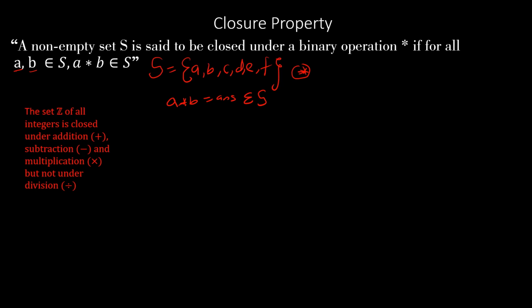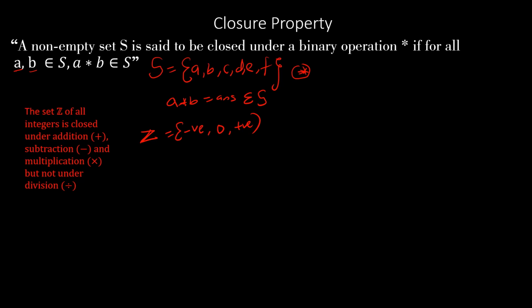On a more general note, the set Z of all integers is closed under addition, subtraction, and multiplication, but not under division. The set Z, which is the set of all integers, ranges from negative to 0 and to positive.